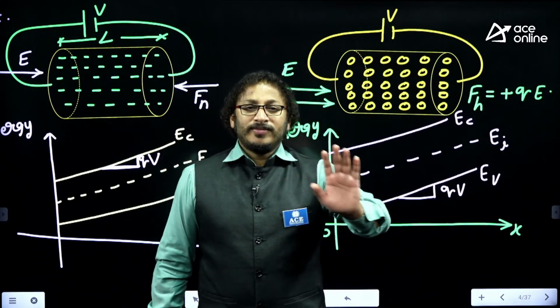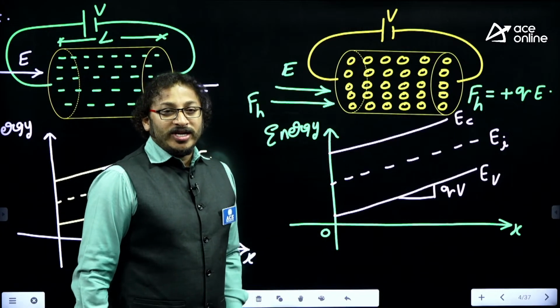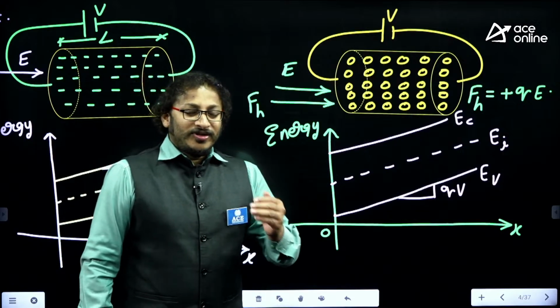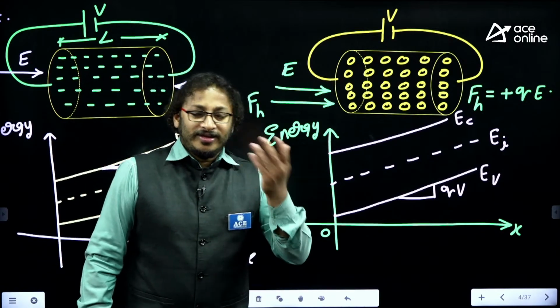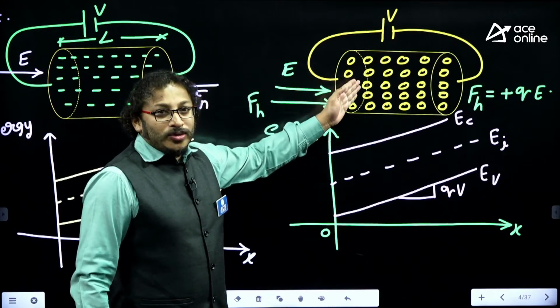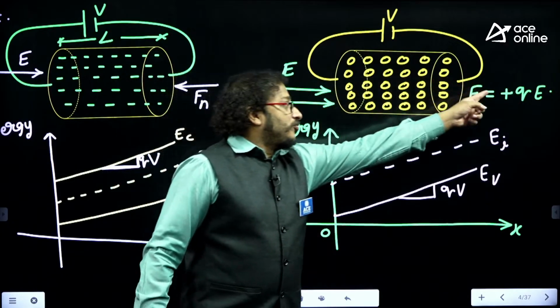I think that will be the time-saving method. Instead of saying that going towards the negative side hole energy is very high, and going towards the positive side electron energy is very high, kill that confusion, man. Finally, we need the result, right? So even though these are holes, treat them as electrons. If you treat them as electrons, the force will be in this direction.